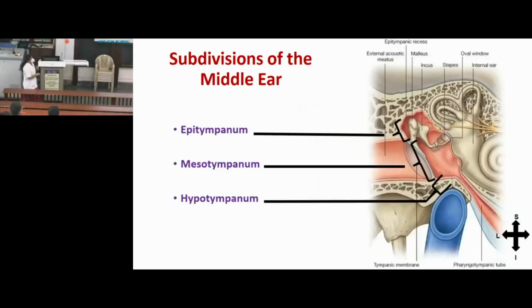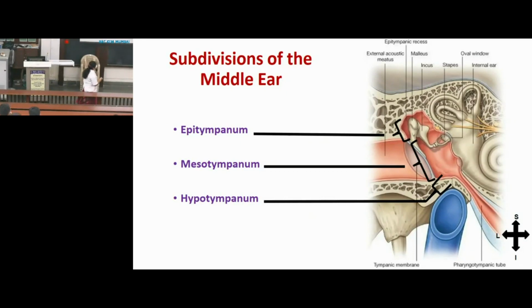Now let us see subdivision of this middle ear cavity or tympanic cavity. So this is middle ear cavity and this is lateral aspect, this is medial aspect. This thin membrane which is seen along lateral aspect of the middle ear cavity is called as tympanic membrane. Okay. So based on location of tympanic membrane, the middle ear cavity is divided into three parts.